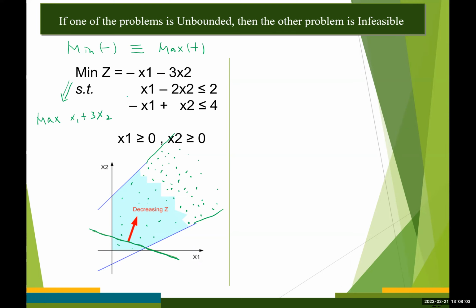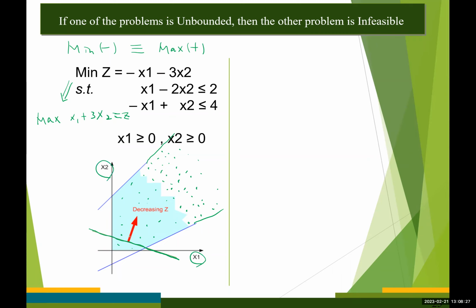So in this case, our objective function value will be improved if we move this iso-value line in the direction for which both x1 and x2 increase.